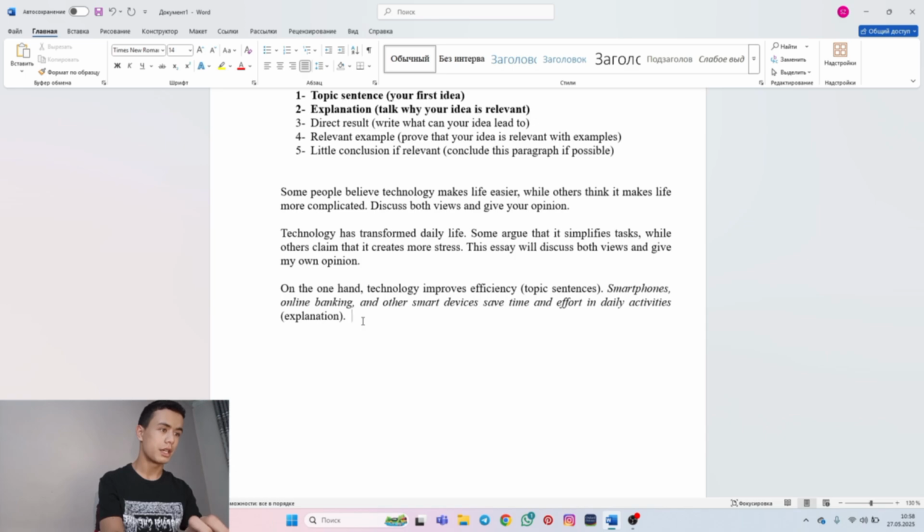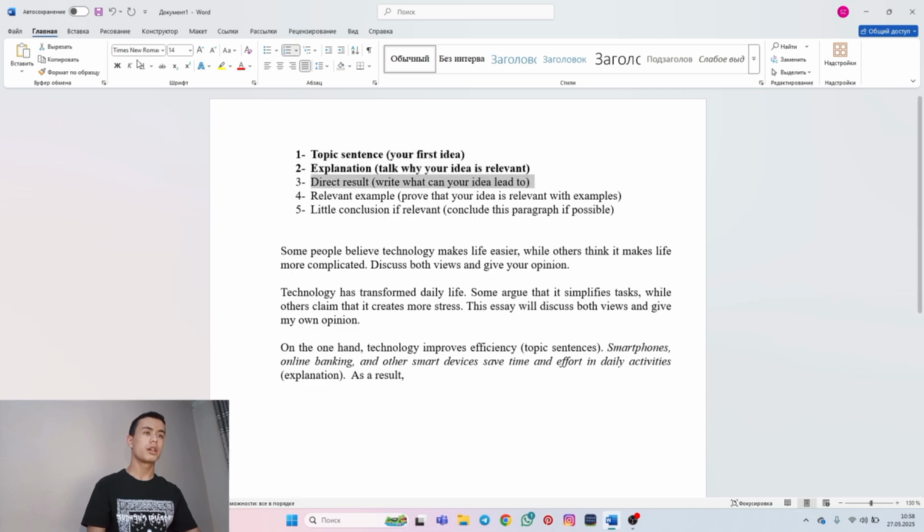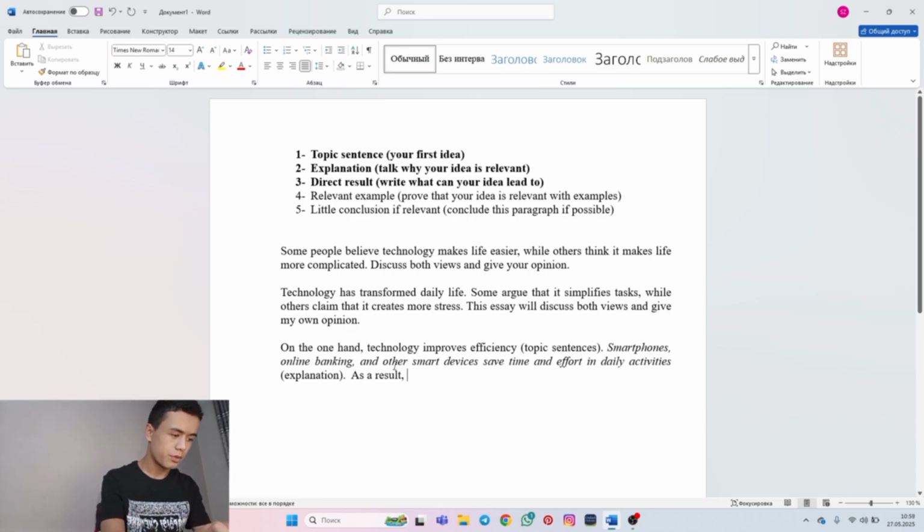For example, as a result, this structure always works for all kinds of essay topics. As a result, people can complete tasks faster and enjoy more free time.